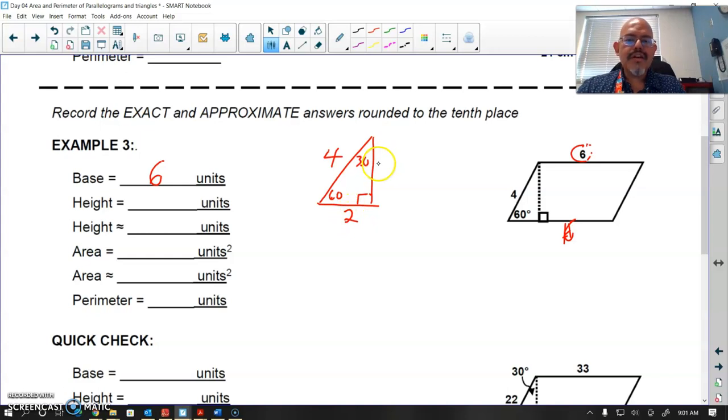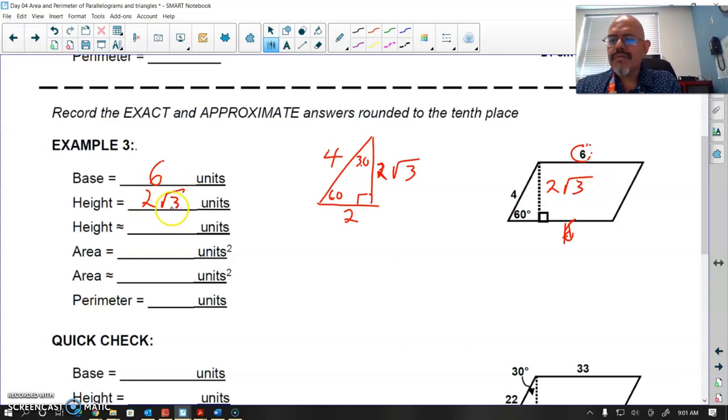And the longer side, which is opposite of the 60-degree angle, is going to be 2 times the square root of 3. So our height is 2 square root 3. Why they want the approximation of that, I have no idea. So you just take 2 times the square root of 3 on your calculator, and that's going to be 3.46. And I'm just going to leave it at the nearest hundredth.